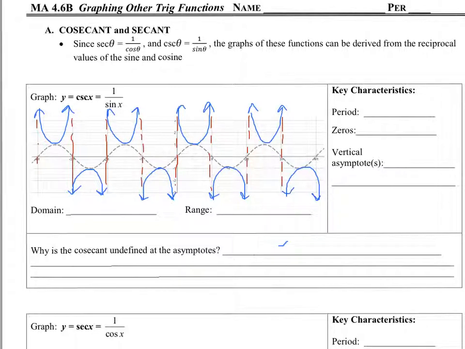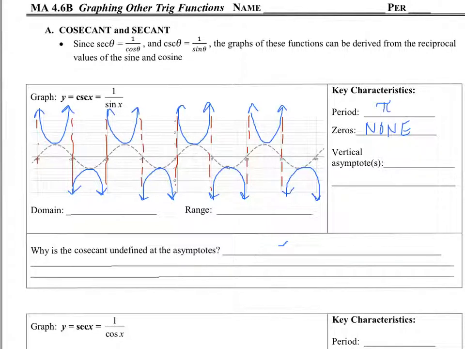So you'll notice that for the cosecant, that's the blue graph, it's in between these red lines, right? And these red lines were the zeros of the sine. One thing we notice about the cosecant is it doesn't have any zeros. The other thing we notice about the cosecant is that it's stuck between the zeros of the sine. And since the sine hits 0 every pi, that makes the period of the cosecant pi.